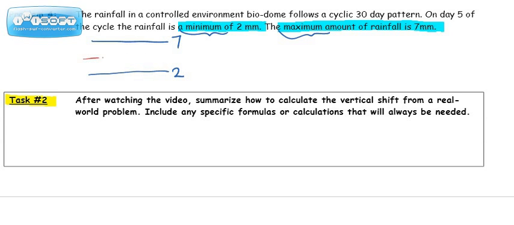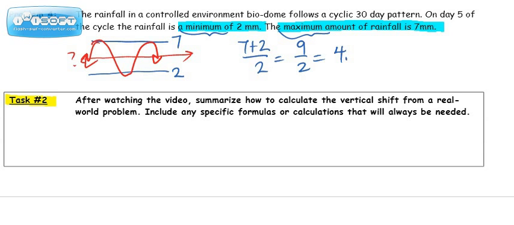So if I wanted to find the sinusoidal axis, what my graph is oscillating around, I'm going to take the average, so 7 plus 2 over 2, it's going to be 9 over 2, which is 4.5, so my vertical shift is 4.5 units. So if I would graph this, my midline would be y equals 4.5. So again, what that means is the height above and below this axis is the same. So once you have this copied down, move on to task 2.